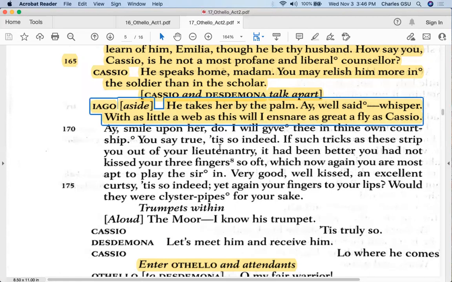So as Cassio and Desdemona are talking, in an aside, Iago says to himself, which the audience can hear, "He takes her by the palm. Aye, well said, whisper. With as little a web as this, I will ensnare as great a fly as Cassio."